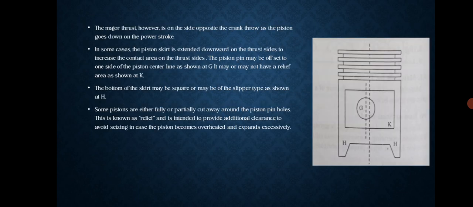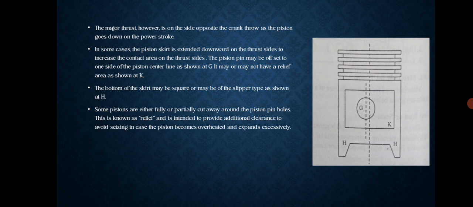The major thrust, however, is on the side opposite the crank throw as the piston goes down on the power stroke. In some cases, the piston skirt is extended downward on the thrust side to increase the contact area on the thrust side.